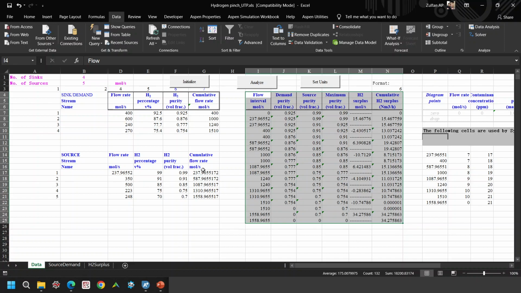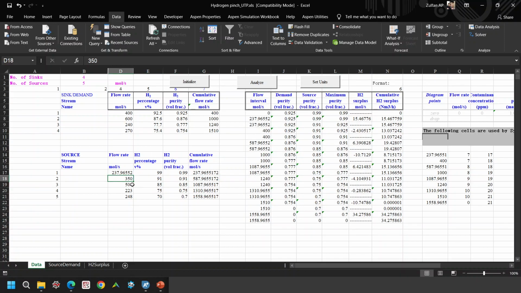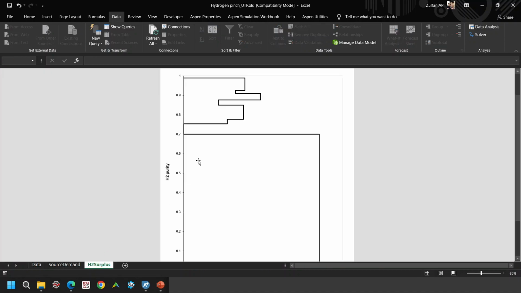Yeah, they use the problem table algorithm. But here I think you missed one thing, for example the pinch point. If they don't learn heat integration, they might not understand why we need to put 0 at that point, because that point is the pinch point, right? Yes, in this hydrogen pinch, this is the pinch point location.